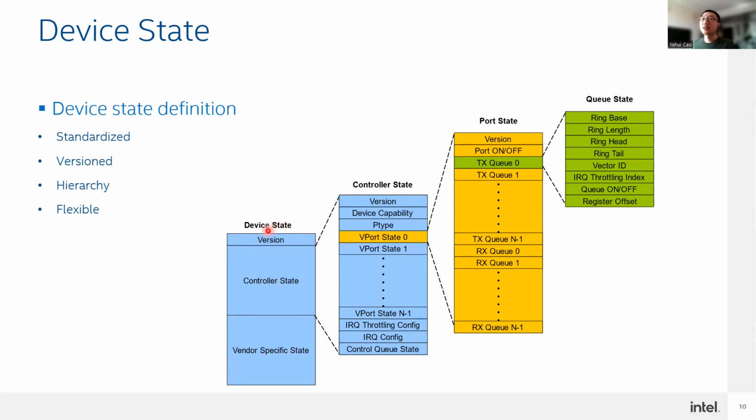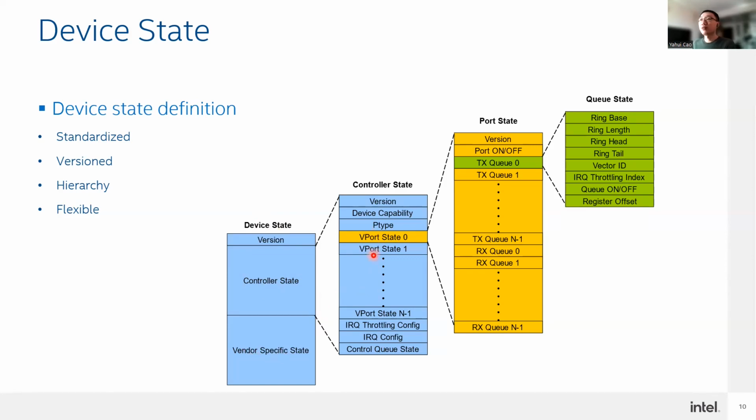And also you can see that in different states or descriptions, we all have a version. This may help us with backward compatibility. And also you can see that we describe the device state in a hierarchy structure.